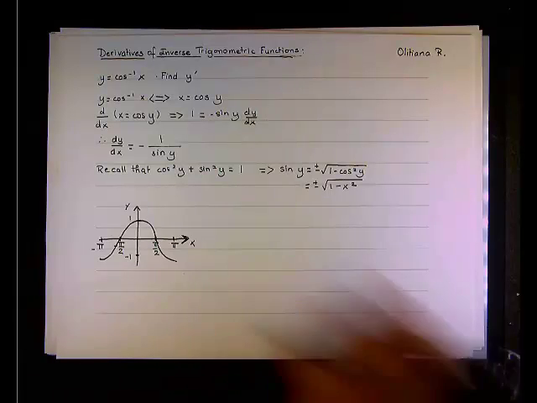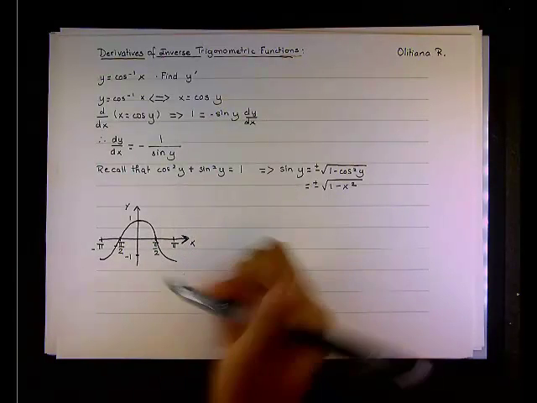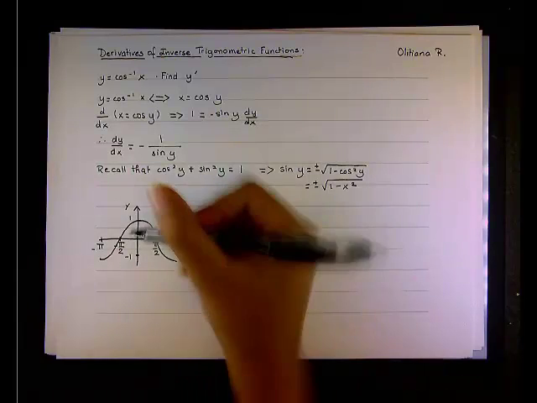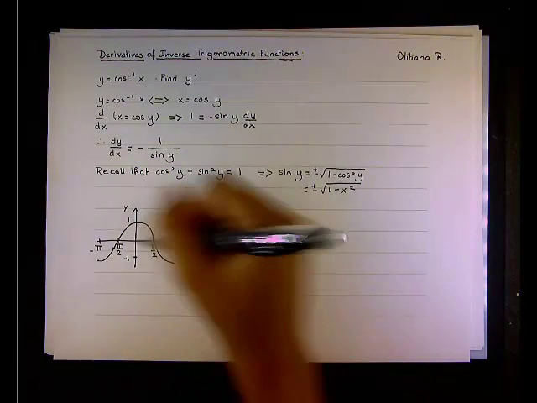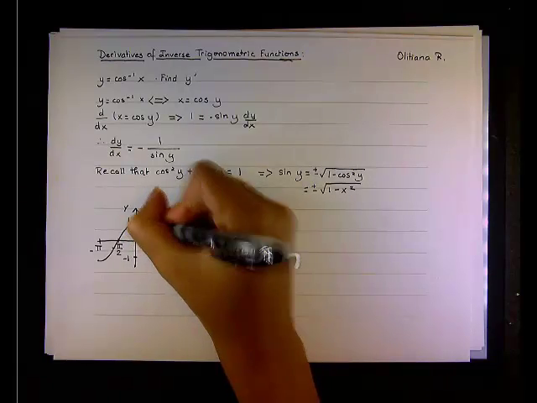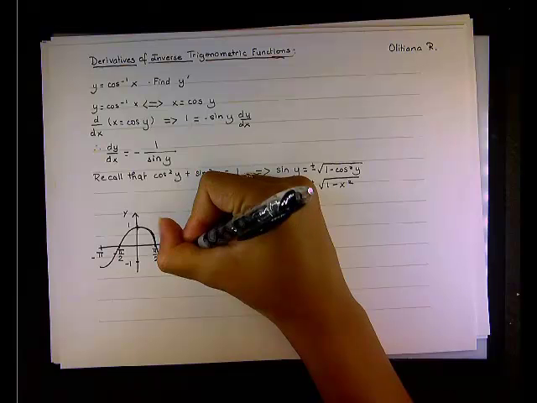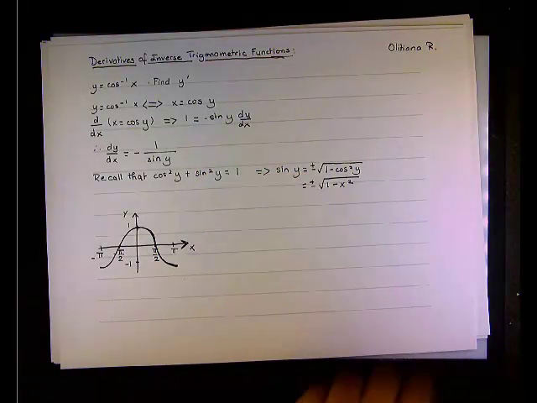Okay, from this graph, we can conclude that the cosine function is invertible from 0 to pi, in this section right here, because it passes the horizontal line test.